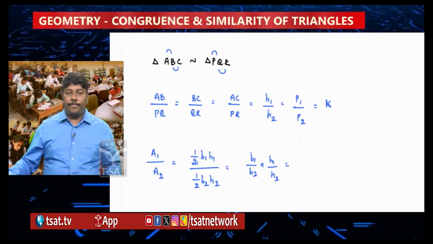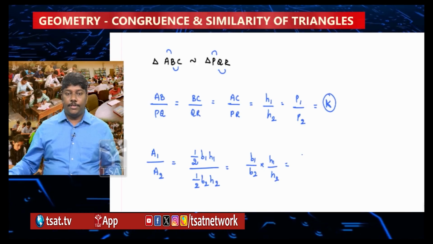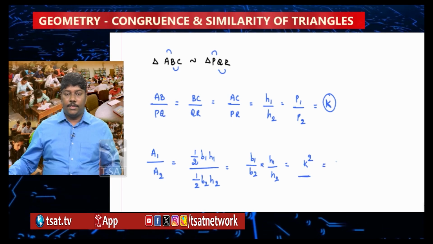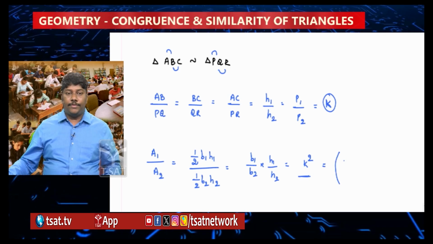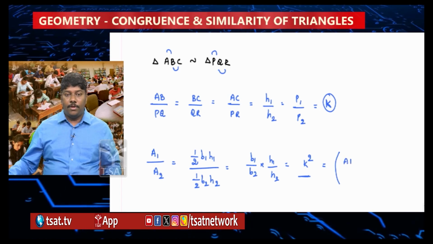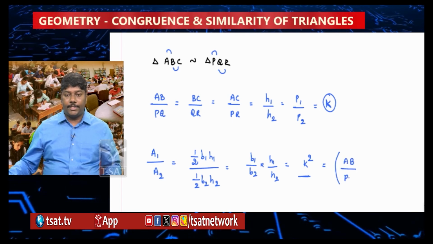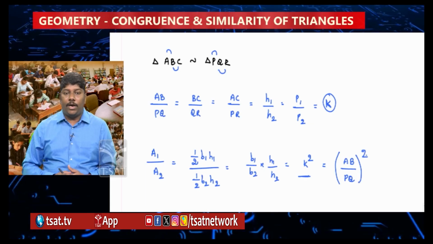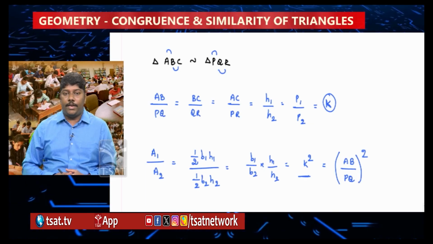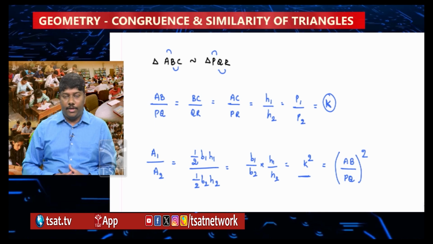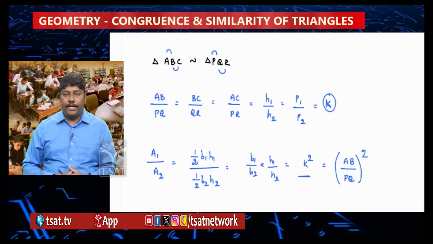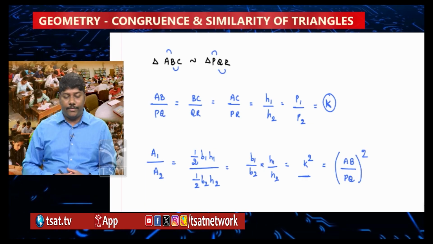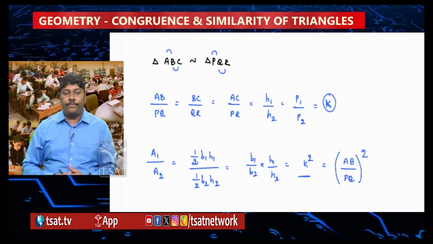Their ratio is equal to K, so K into K, K square, which means the ratio of the areas of similar triangles is equal to the square of the ratio of their sides. AB by PQ, or BC by QR whole square, or AC by PR whole square, or H1 by H2. If you know their heights, you can take the ratio of their heights and square it. If you know their perimeter ratio, then the square of this is equal to the ratio of their areas.